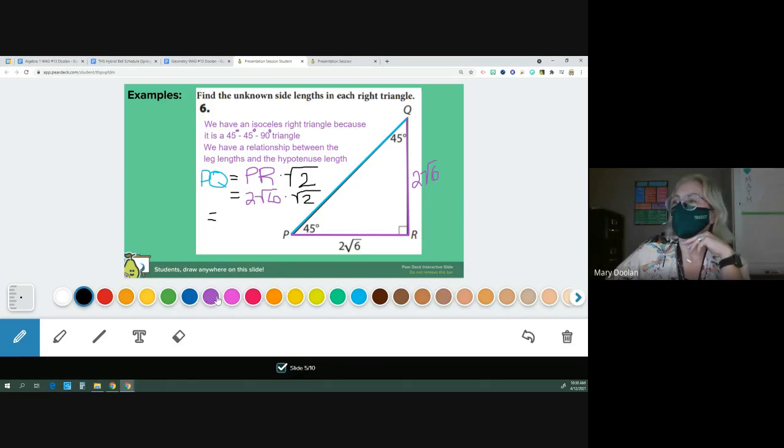Okay, so I'm just going to rewrite this now. I have 2. And then I'm going to take the square root of 6 and square root of 2 and put them together in the same square root symbol. And so I'm going to rewrite 6 as its prime factorization. 6 is the same as just 2 times 3, right? And 2 is a prime number and 3 is a prime number. So I'm going to rewrite 6 as 2 times 3.